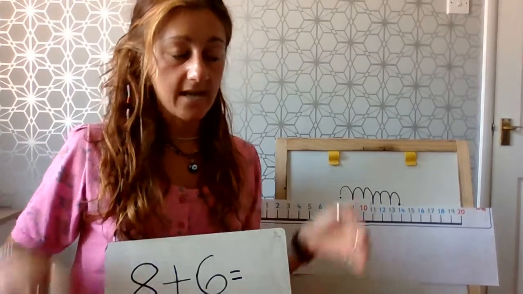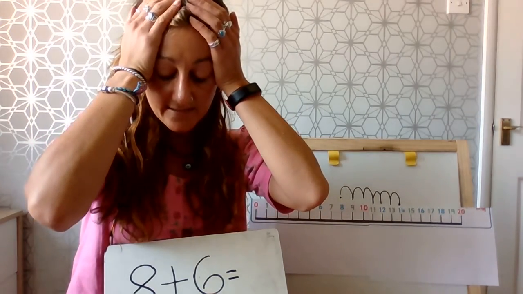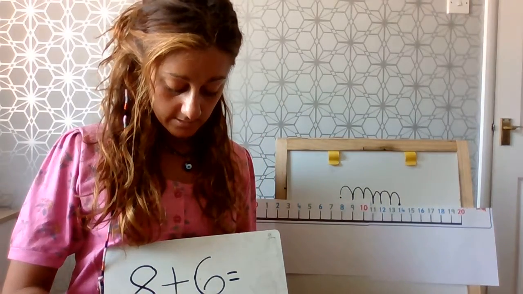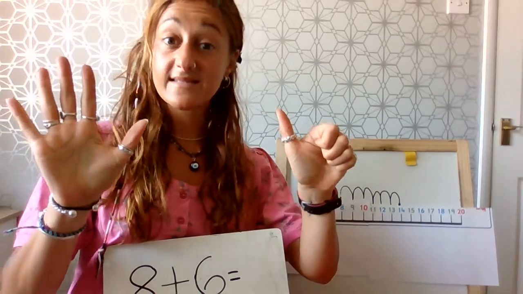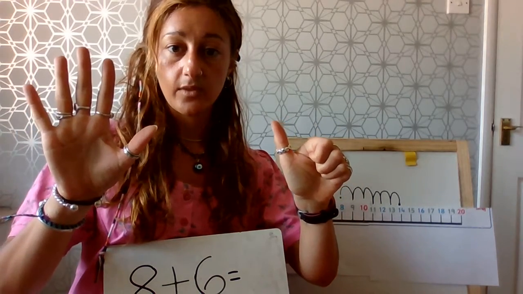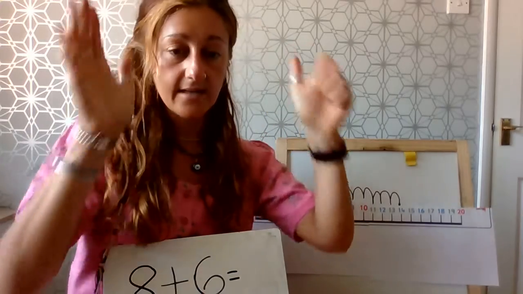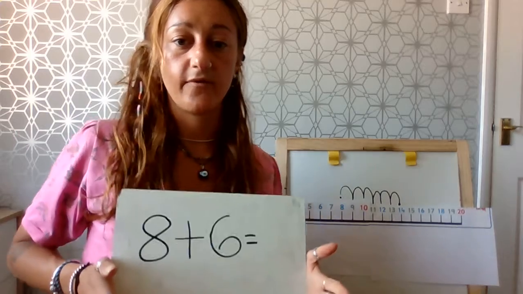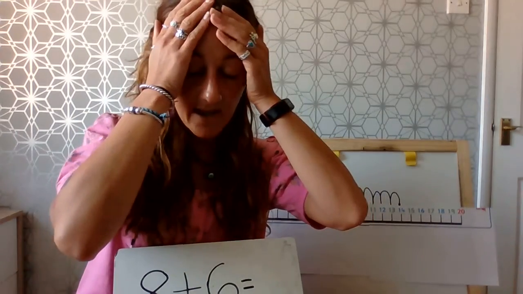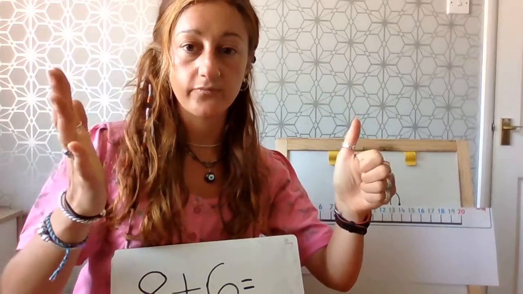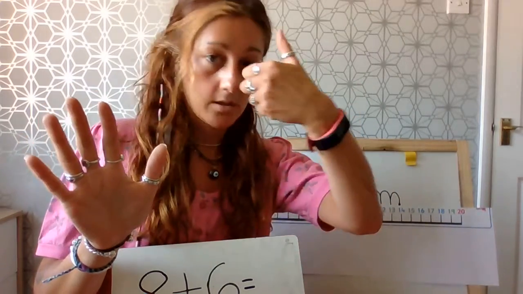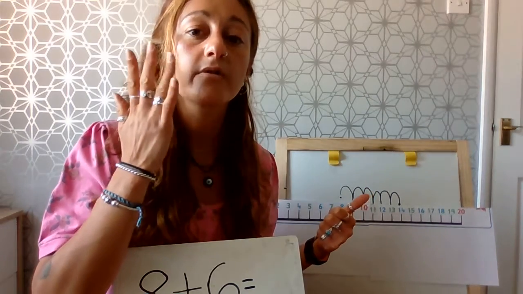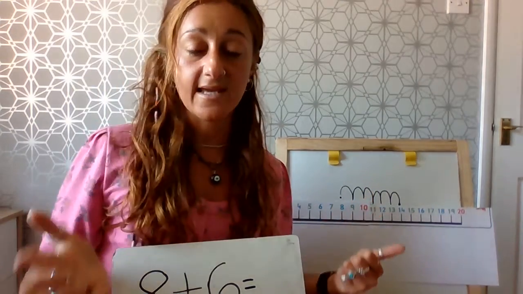I'm going to put 8 in my head. Okay, lock it in, 8. Right, I've got it. And now I'm going to hold up 6 fingers. So I've got 8 in my head and I'm ready to add my 6. Can you see that? So 8 in my head, 8, 9, 10, 11, 12, 13, 14.